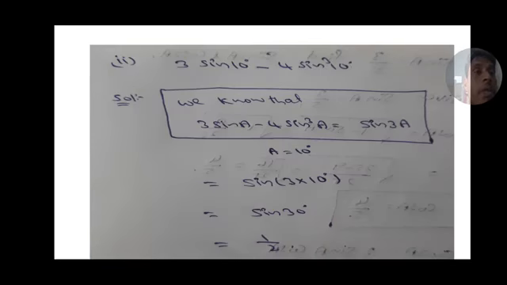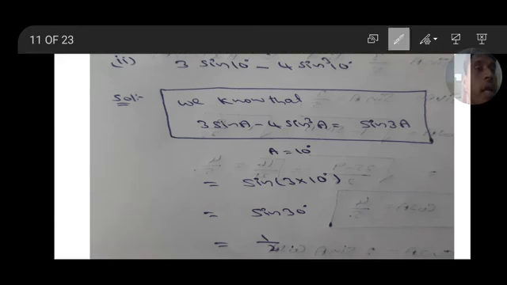Next problem, 3 into sin 10 degrees minus 4 into sin cube 10 degrees. It is of the form 3 sin a minus 4 sin cube a, where a equal to 10 degrees.